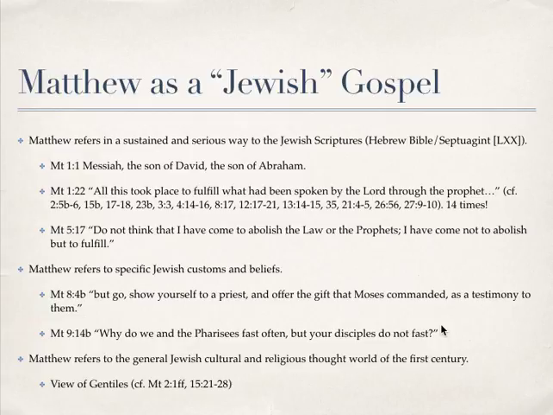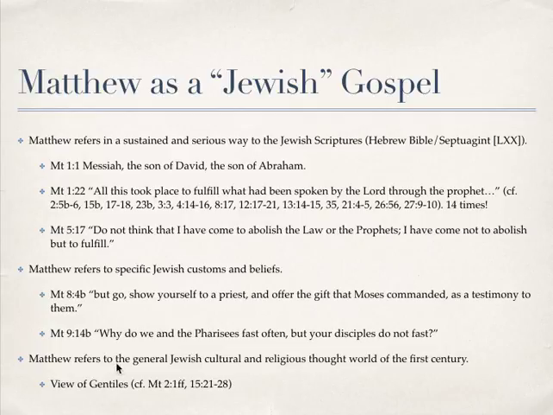But there's an argument about Pharisees fasting and the disciples of Jesus not fasting. And this was a big issue. So it's totally indebted to Jewish custom here, and totally understood that a reader would know exactly what was going on.